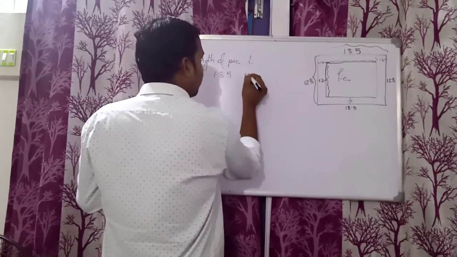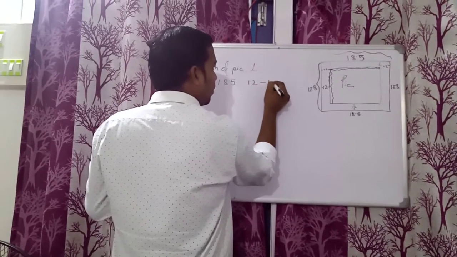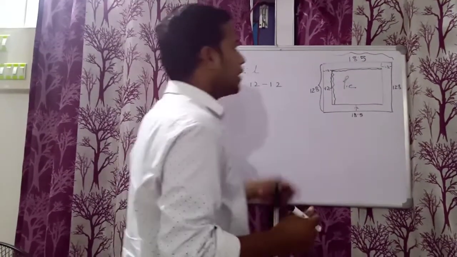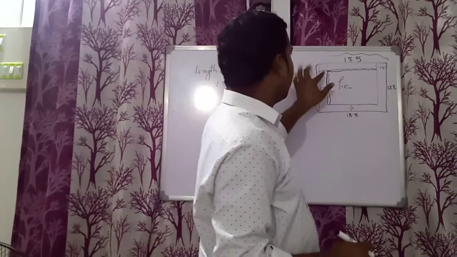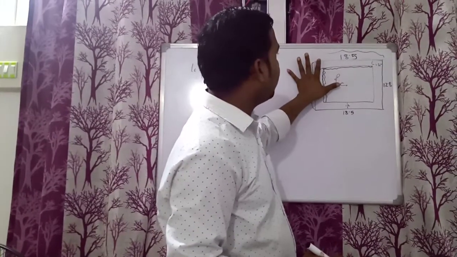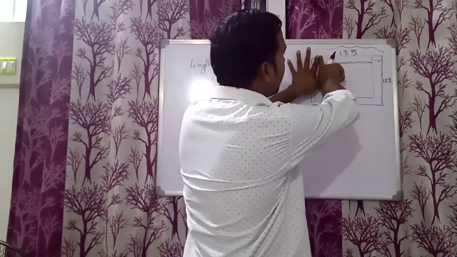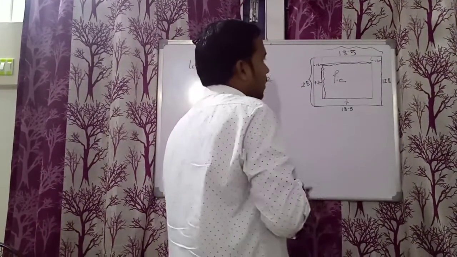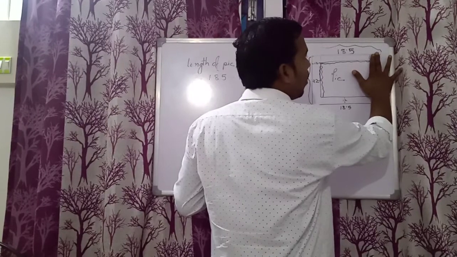Minus 1.2 minus 1.2. Everyone understand? From here to here the length is 1.2, and the length of this one is also 1.2.